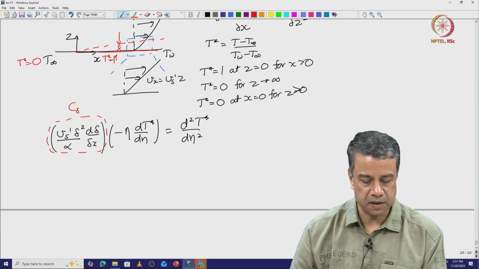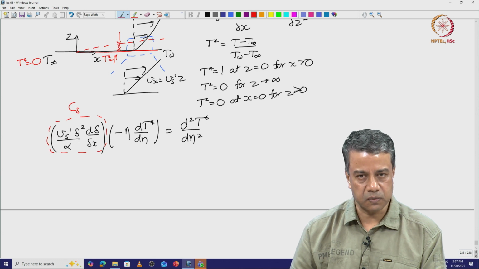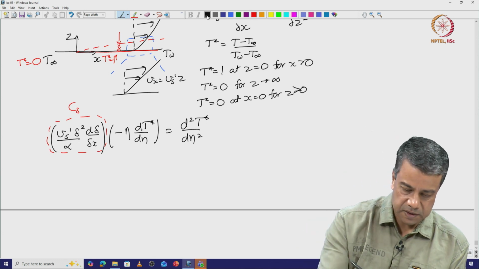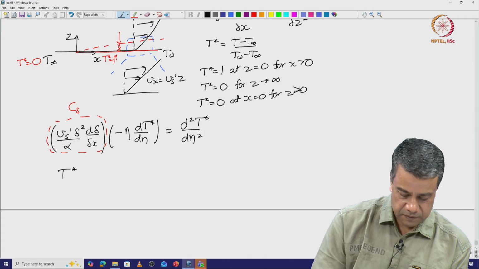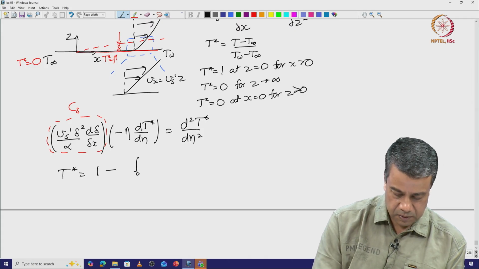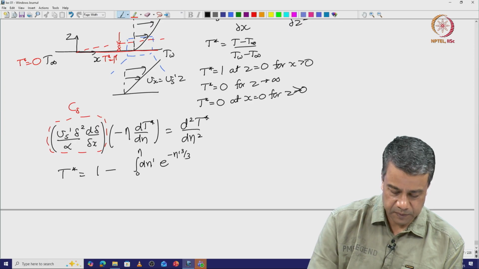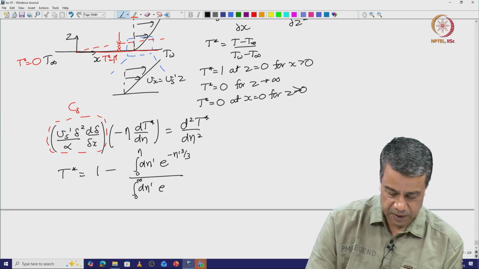Therefore, you can set C delta to any value that you want. Simplest is to set C delta equal to 1, in which case the temperature field is of the form 1 minus integral 0 to eta d eta prime e power minus eta prime cubed by 3 divided by integral 0 to infinity d eta prime e power minus eta prime cubed by 3.